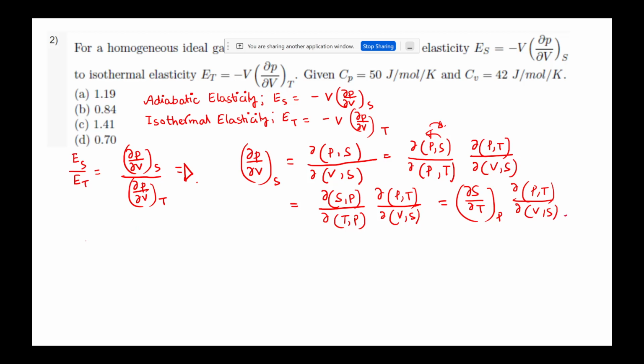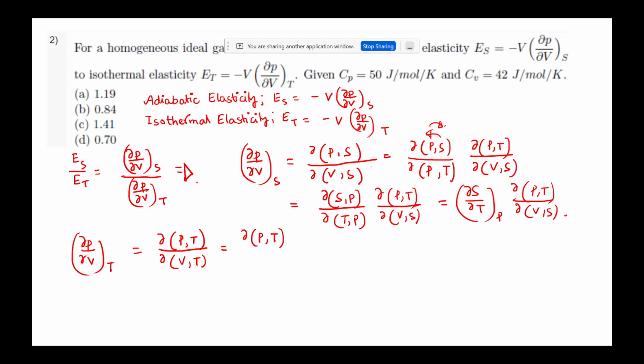Now similarly we will do this for del P del V T. For this again, del P T divided by del V T. So this is a way to solve it. Now for this we need, there is one P and one V, so we have to write del PT.